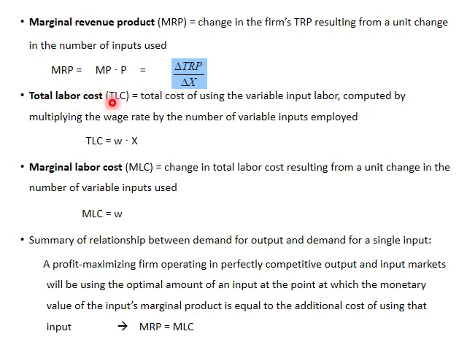Total labor cost is the total cost of using the variable input labor, computed by multiplying the number of laborers times their wages or salary. Marginal labor cost is the change in the total labor cost resulting from a unit change in the number of variable inputs used, and mathematically it is W, that is, wage.